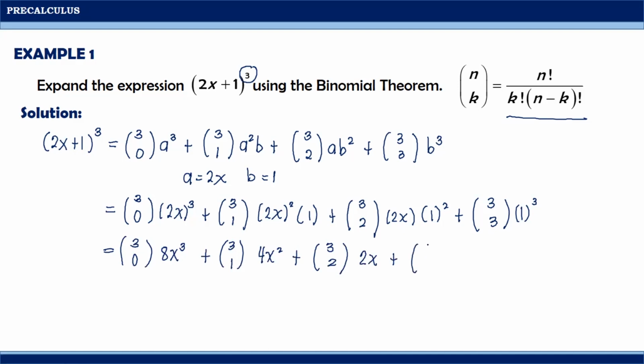And finally, 3 taken 3 times 1 cubed is simply equal to 1.